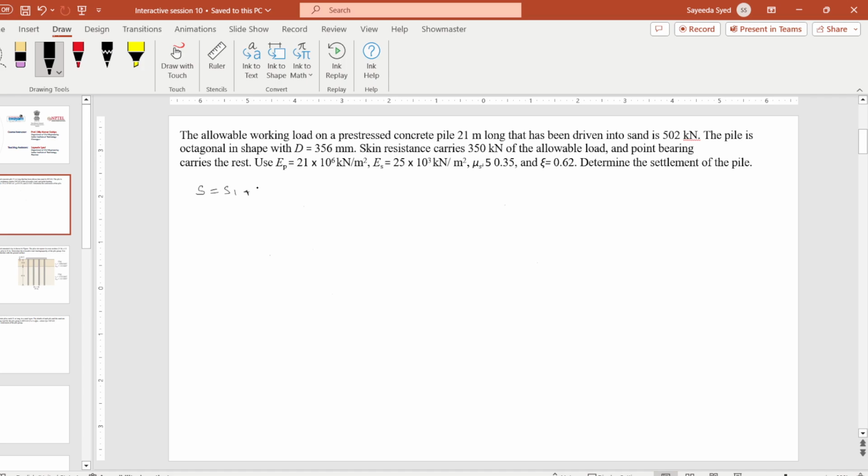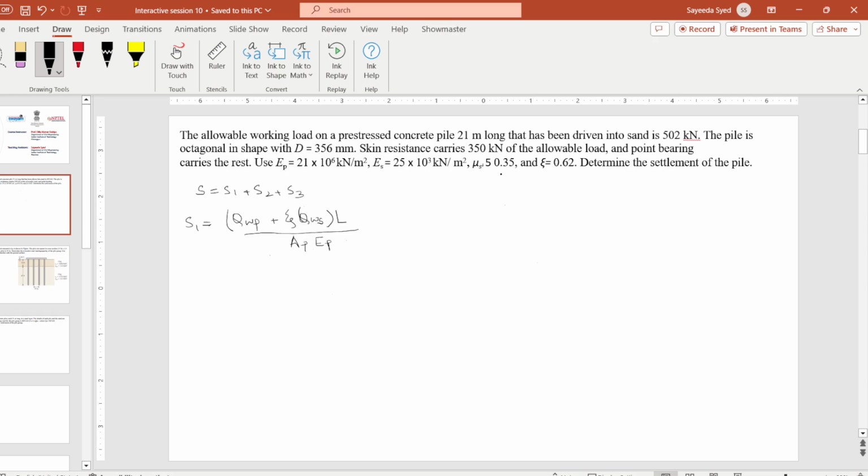For S1, we calculate the working load as zeta times... sorry, this is S. So this is on the pile tip, and this is at the pile tip, and this is along the shaft.